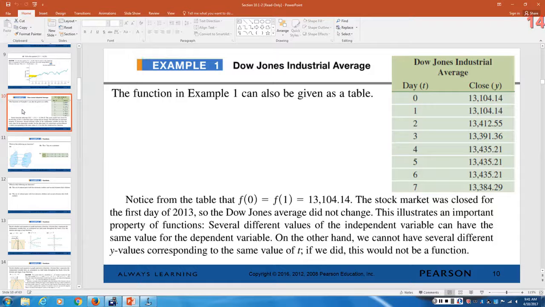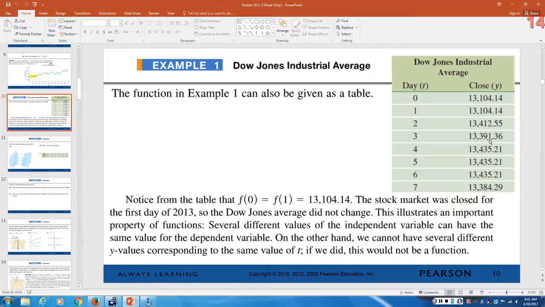There was no change. But in day 2, it actually rose about 841 from day 1 to day 2.